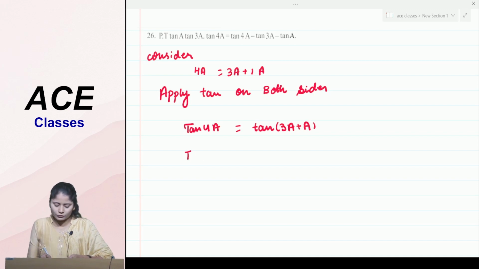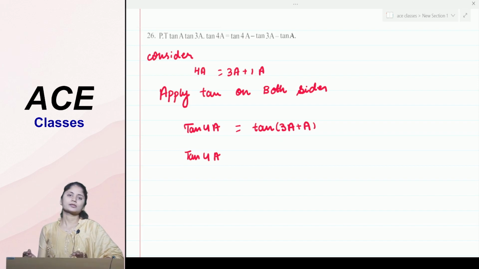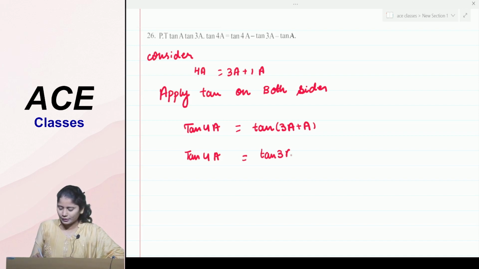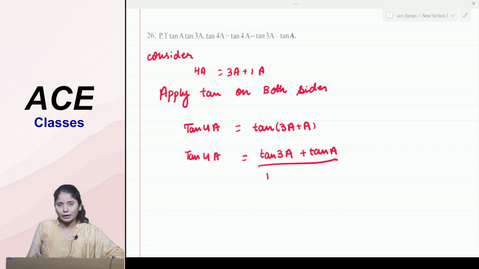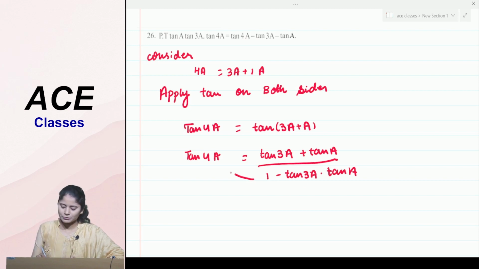Now this tan 4A will be written as it is. Here I'll use the formula of tan of A plus B. What is tan of A plus B? Tan of A plus B is tan A plus tan B by 1 minus tan A into tan B. So here, tan 3A plus tan A over 1 minus tan 3A multiplied by tan A. Now I am shifting the term here.